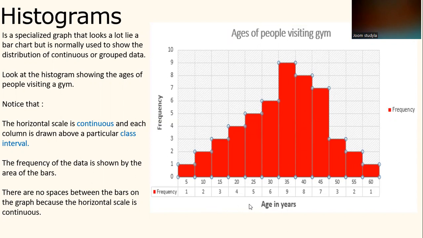From here, you can see that age 5 is about 1 frequency, age 35 is about 9 frequency, and age 40 is about 8 frequency, and 55 is about 2 frequency. So age 55 people visiting are twice. We have 2 frequency.